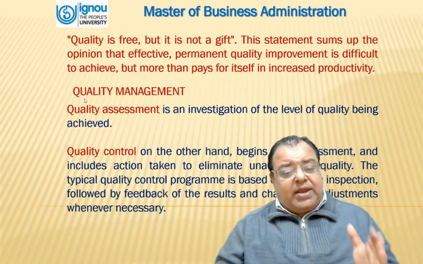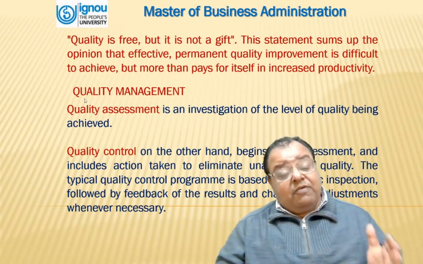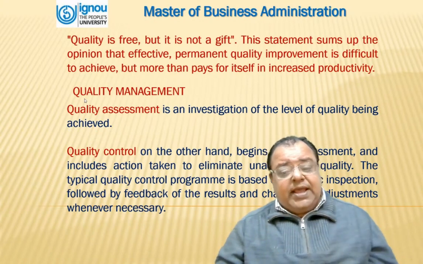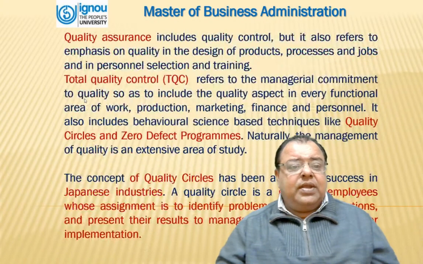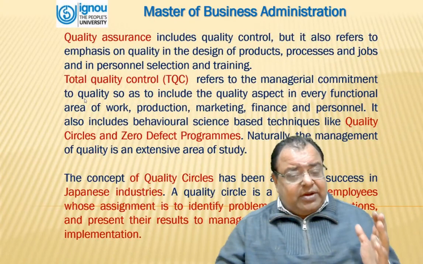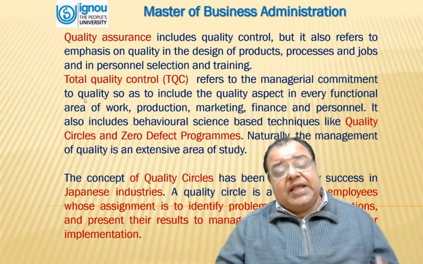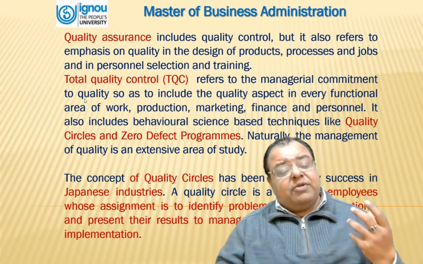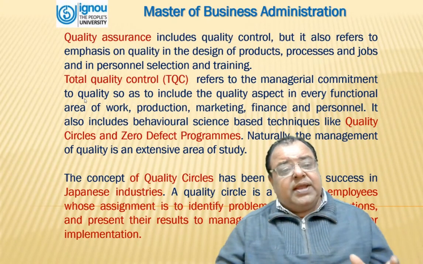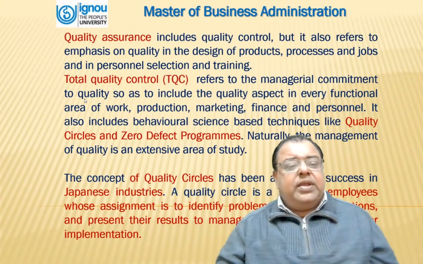The typical quality control program is based on periodic inspection, followed by feedback of the results and changes or adjustments wherever necessary. Quality assurance includes quality control, but it also refers to the emphasis on quality in the design of products, processes, and jobs, and in personnel selection and training.